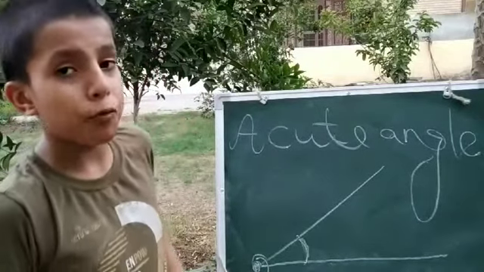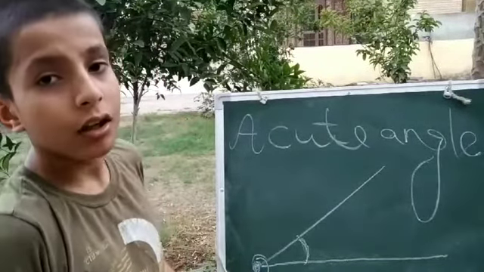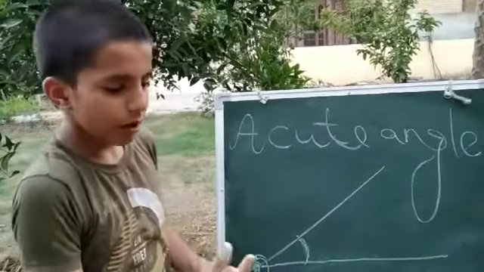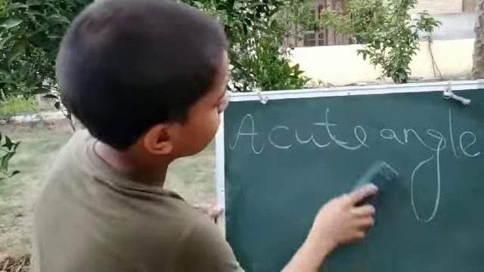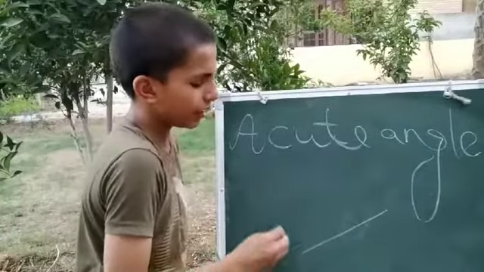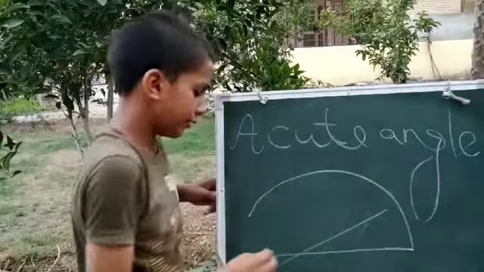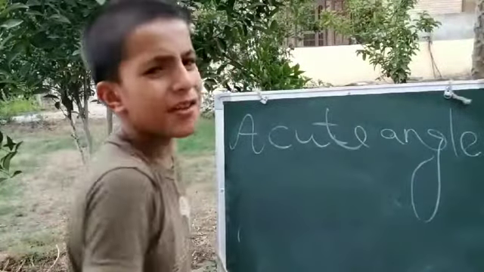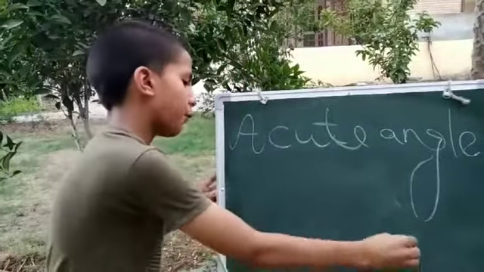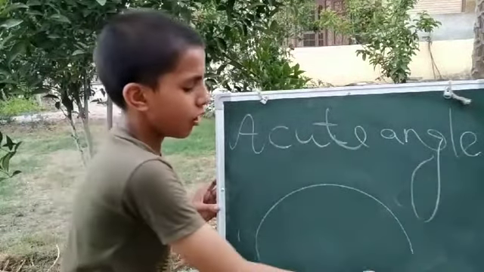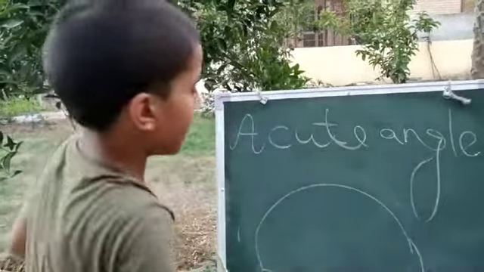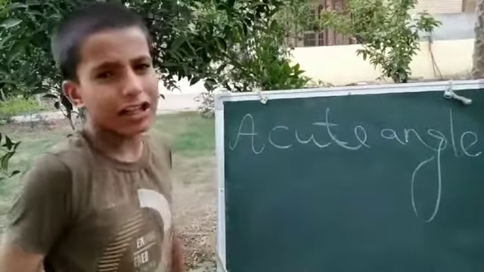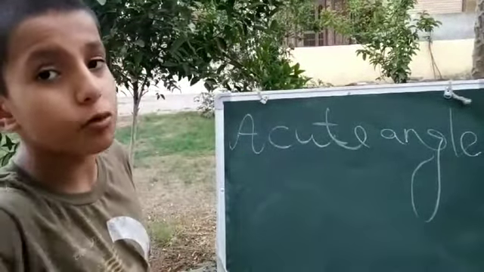So if I have a protractor, what is the meaning of protractor? A protractor is like a scale in a dome shape. You might have seen this protractor in the stationery shop, or you might have used it in your exams or to solve some questions.